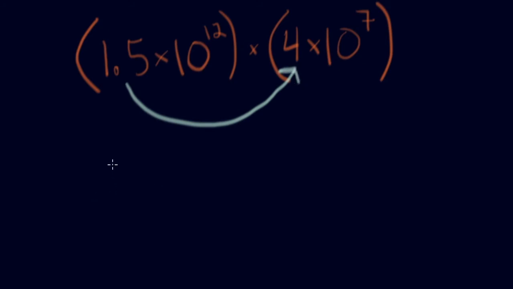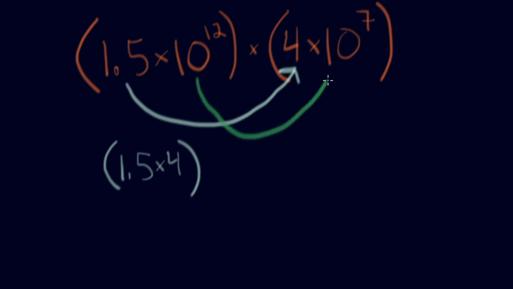I'm going to do this a little bit slow. I do realize that you would probably just do 1.5 times 4, but I just want to show you. So you're doing 1.5 times 4. And then you're also multiplying your bases, so it's times 10 to the 12th times 10 to the 7th. And that's really all you're going to be doing. So you're doing 1.5 times 4.